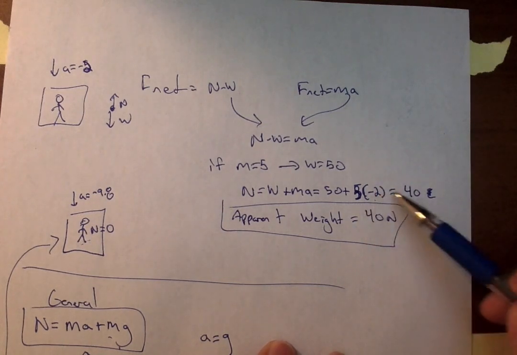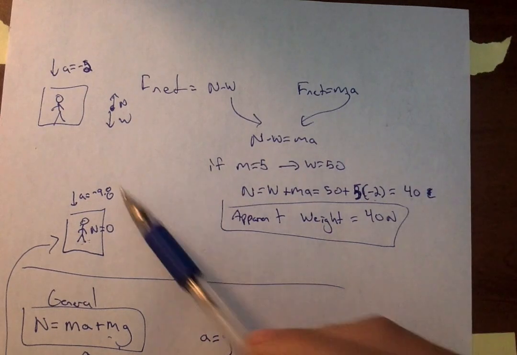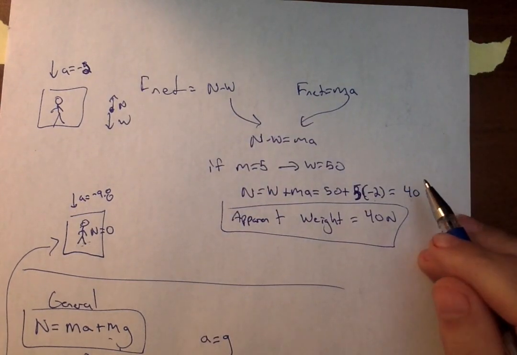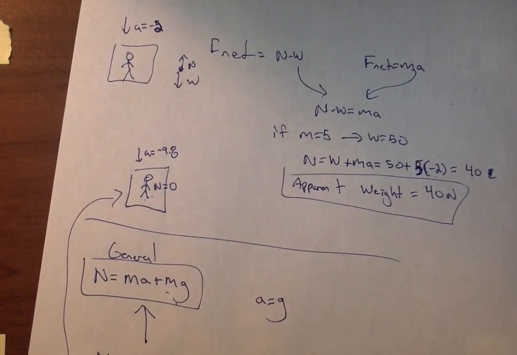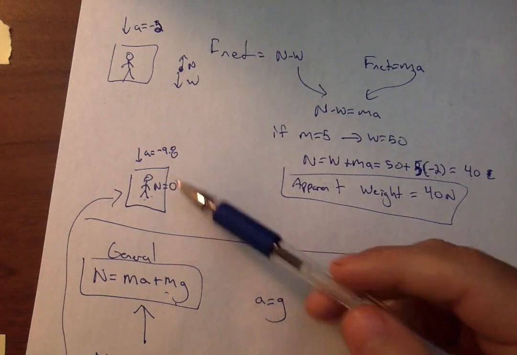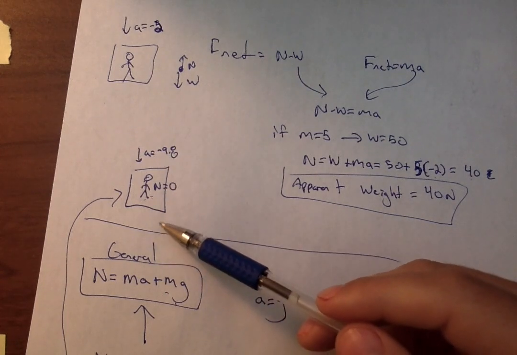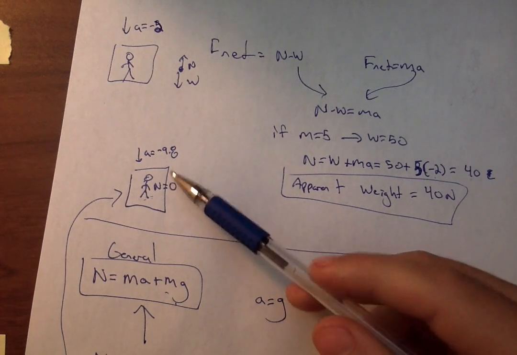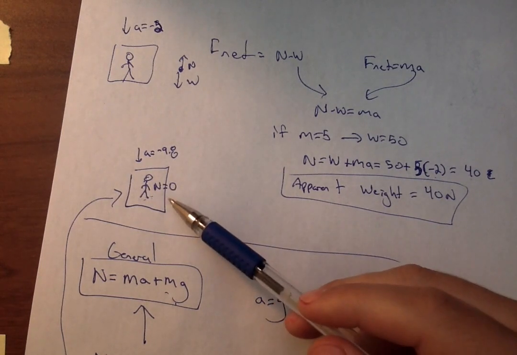So this is going to reduce my apparent weight now. When you are accelerating down, you are going to reduce your apparent weight. And the most important conclusion about this going forward is that if you were in free fall, so if the elevator is accelerating down at -9.8, or -10, just whatever you're considering g to be, then the normal force is going to go to 0.